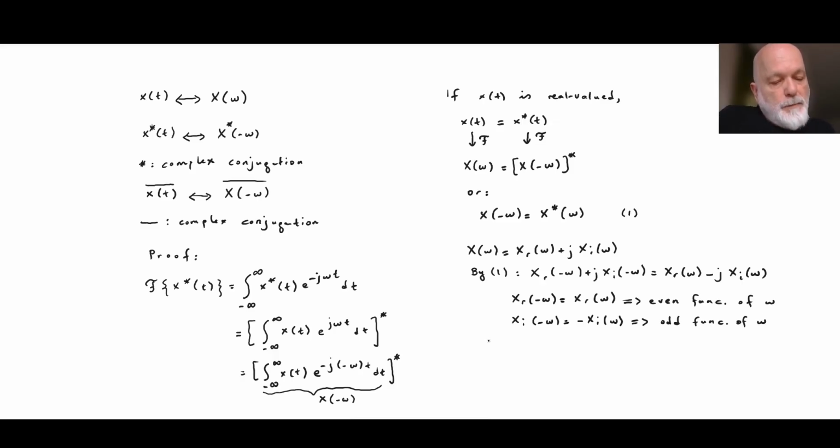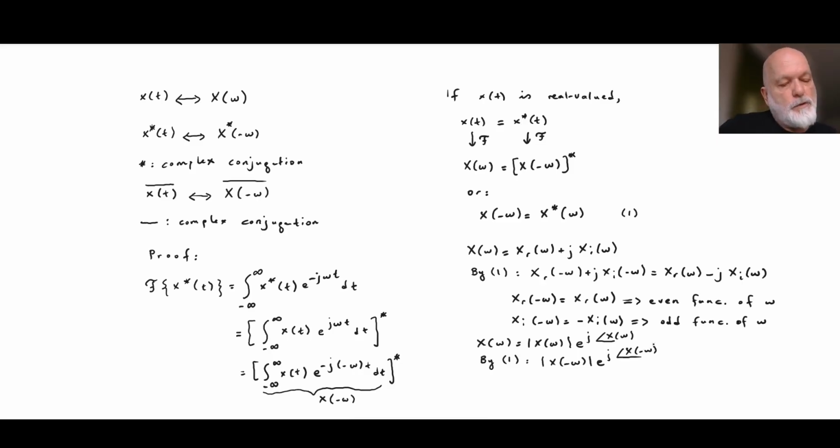Now also we know that X of omega can be written in polar form as the magnitude of X of omega times e to the j phase of X of omega. So again, by equation 1, we have the magnitude of X of minus omega e to the j phase of X of minus omega.